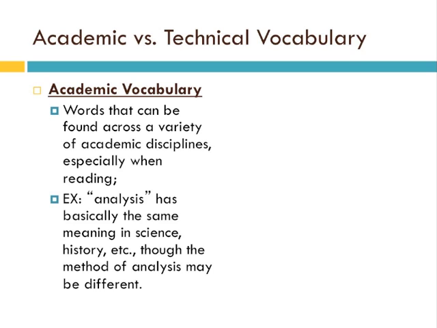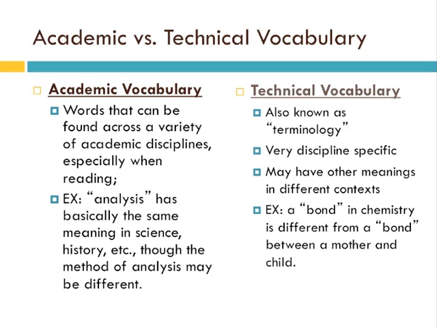And again, keep in mind, academic vocabulary are words that you were basically already supposed to know when taking the TOEFL test. Technical vocabulary, on the other hand, which oftentimes is referred to as terminology, are usually very discipline-specific, and they may have other meanings in different contexts.